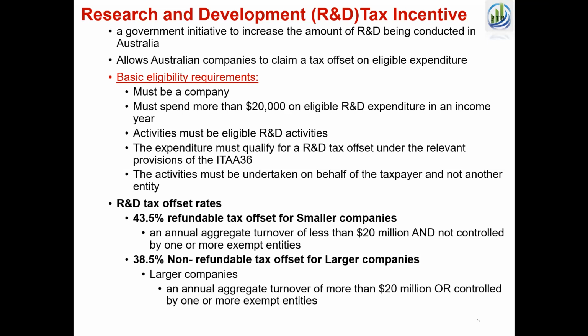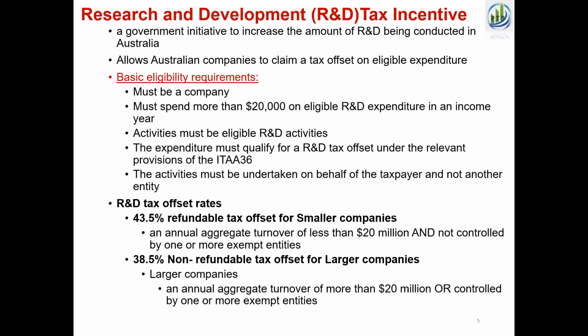50,000 is your company tax liability, but your R&D tax offset is $60,000. So in that case, if you are a small company, you will get a $10,000 refund back because you have a refundable tax offset. If you are a larger company, the maximum you can get is the $50,000 offset against your tax liability. You cannot get the balance of 10,000 because that's a non-refundable tax offset.